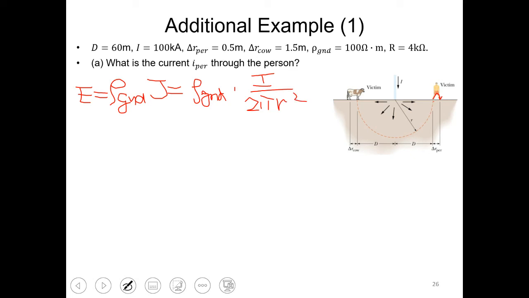For the whole sphere it is 4 pi r squared, so for half of the sphere it is only 2 pi r squared.